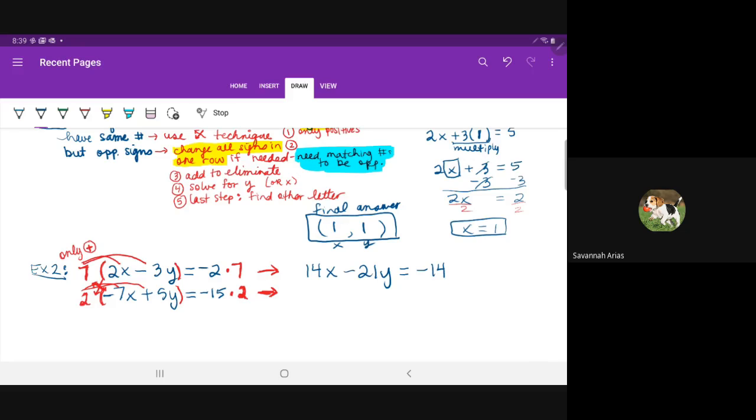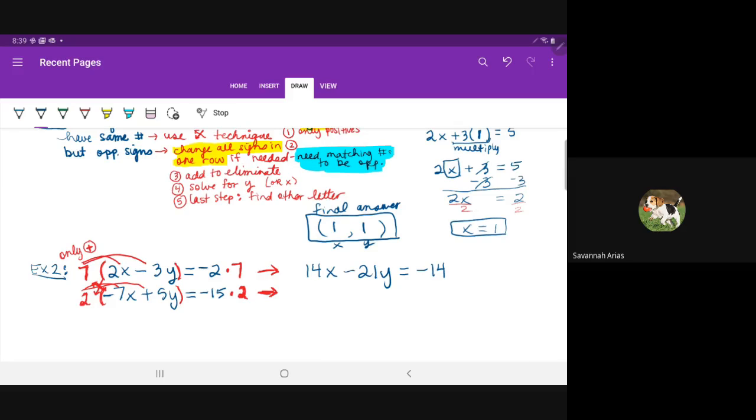How about my second row? Anyone? What's my second row?